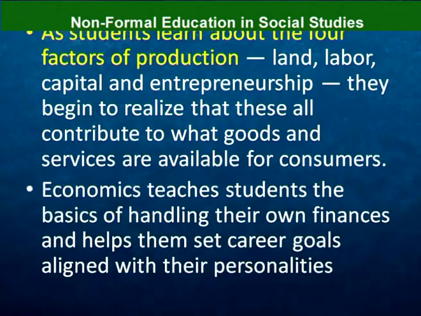The land is really very limited for the people who live in the country nowadays. Then labor, capital and entrepreneurship, what type of labor we can do, what is the per capita income, and what are the entrepreneurships we can have.